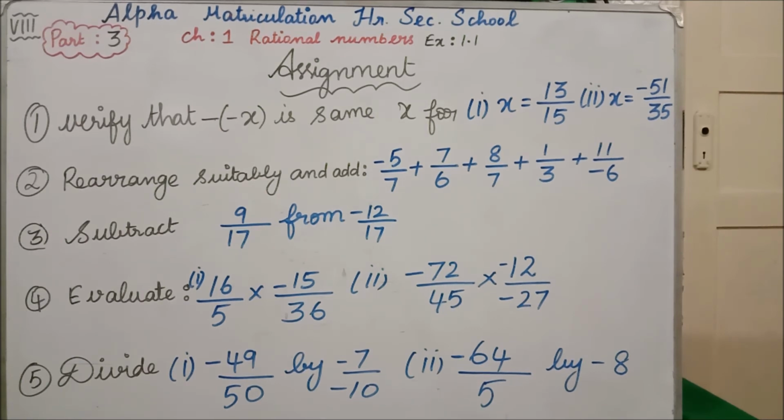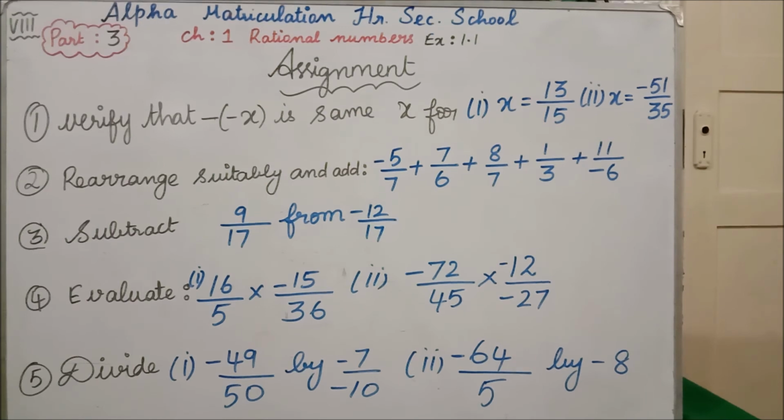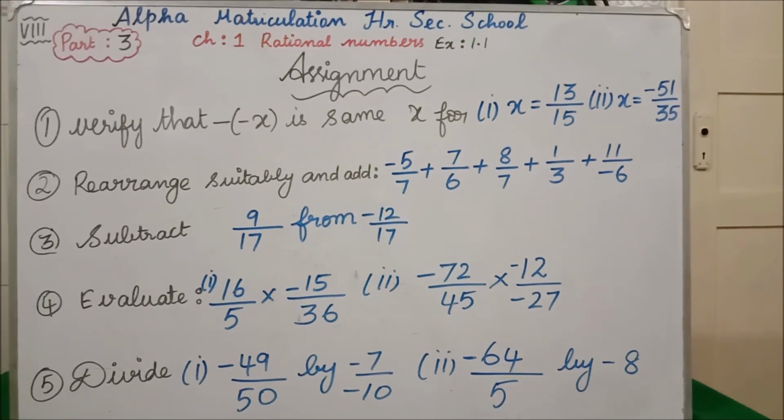Verify that minus of minus x is the same as x for x equal to 13 by 15, and another subdivision is x equal to minus 51 by 35. In this, what do we have to verify? We have to verify that minus of minus x equals x.